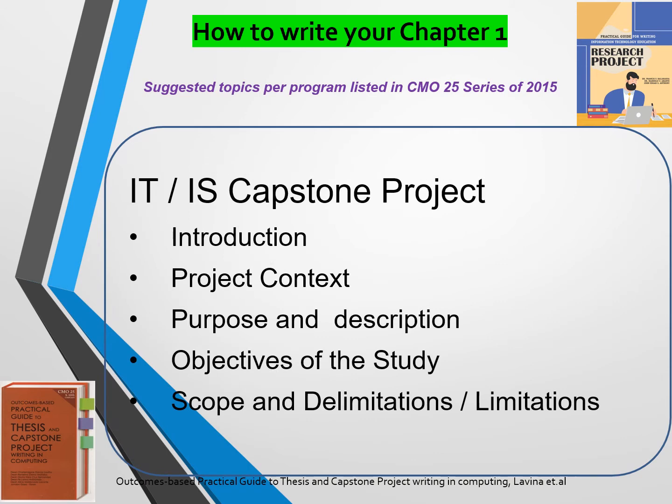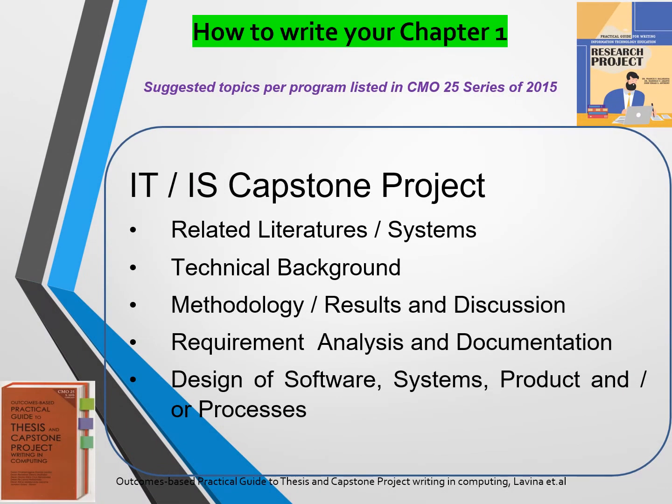Introduction, project context, purpose and descriptions, objective of the study, scope and delimitations or limitations, related literature or related systems, technical background, methodology, results and discussions, requirements analysis and documentation, design of software, systems, product, or process.